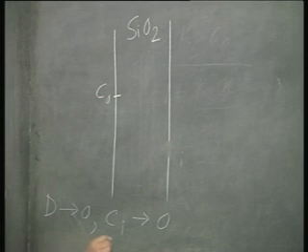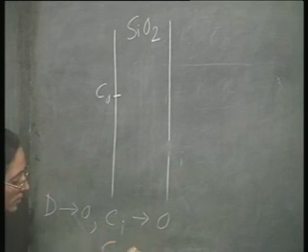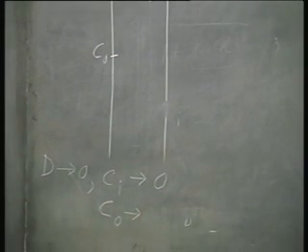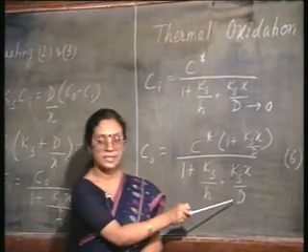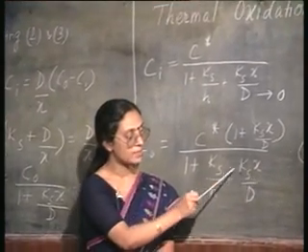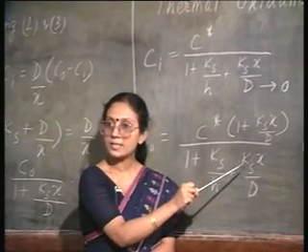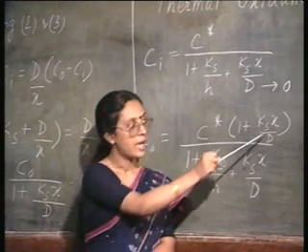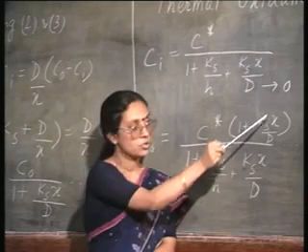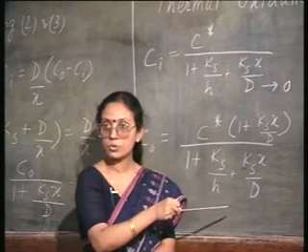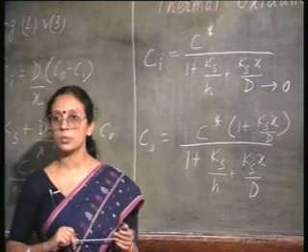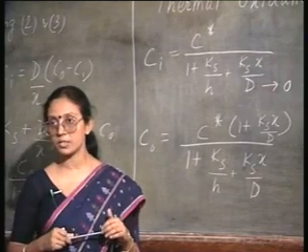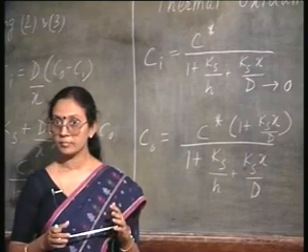Let us first see what C naught is going to be, then we will see the case. As D tends to 0, what is going to happen to C naught? You see, as D tends to 0, this Ks x by d dominates the denominator as well as this numerator. So, we can cancel these two, and C naught in the limiting case becomes approximately equal to the equilibrium concentration, that is C star.